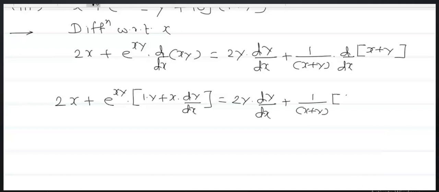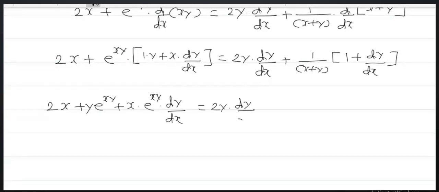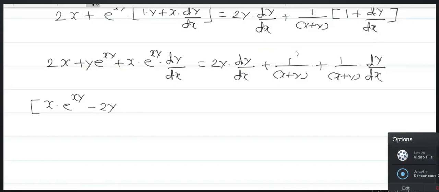Again, normal simplification is here. Collect the terms of the dy by dx on one side and other terms which are not containing the dy by dx on another side. Therefore, 2x plus y into e raised to xy plus x into e raised to xy into dy by dx is equals to 2y into dy by dx plus 1 upon (x plus y) into 1.